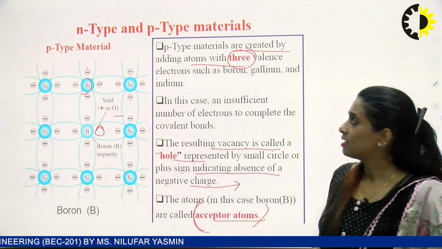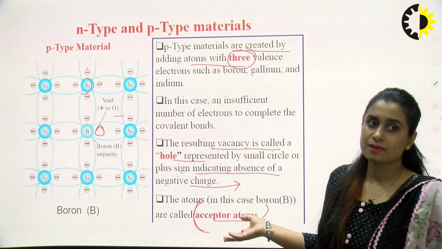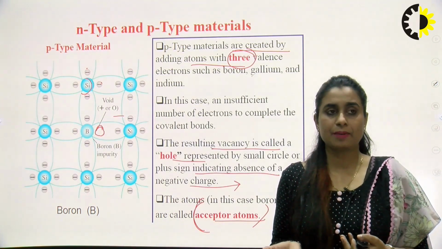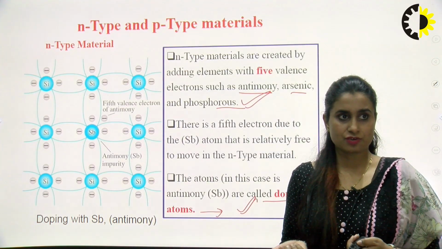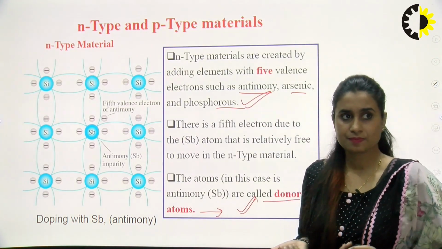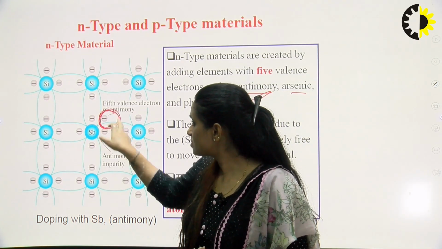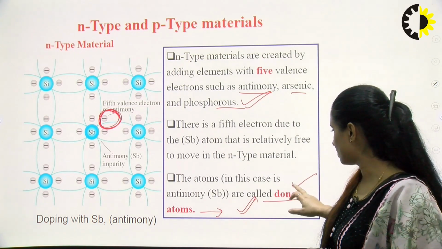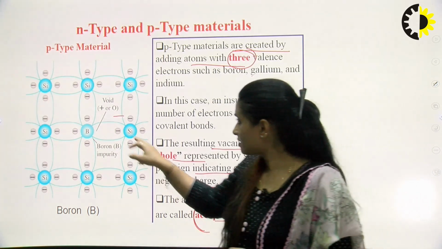So in n-type material, the atoms are called donor, and in p-type material, these atoms are called acceptor atoms, as they are capable of accepting one electron. We again check the picture for n-type. In n-type, we have a fifth electron which is available to be donated. So these are called donor atoms. Here in p-type, this is deficient.